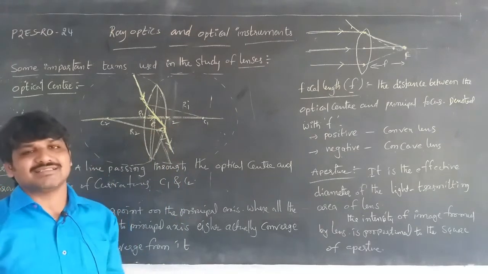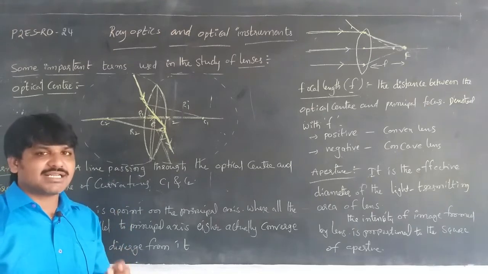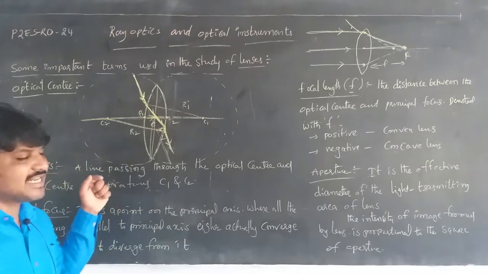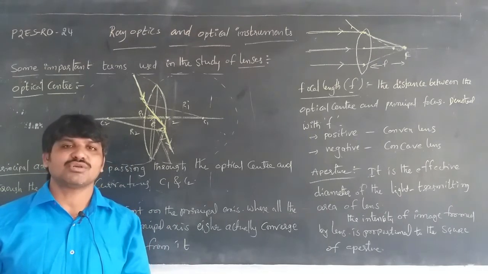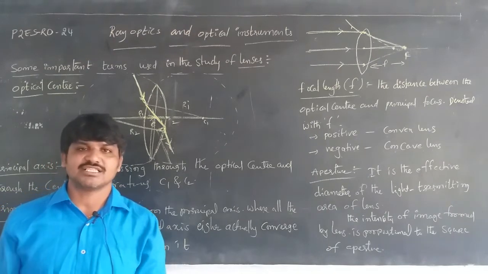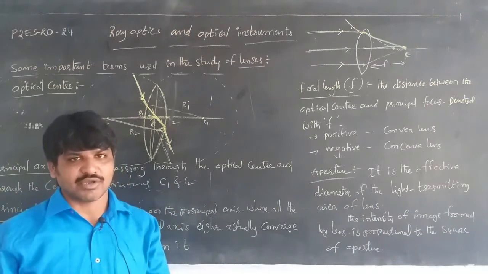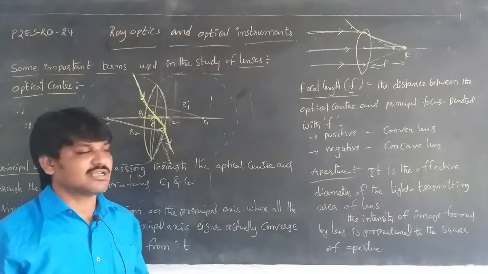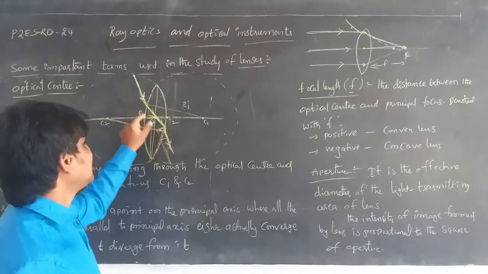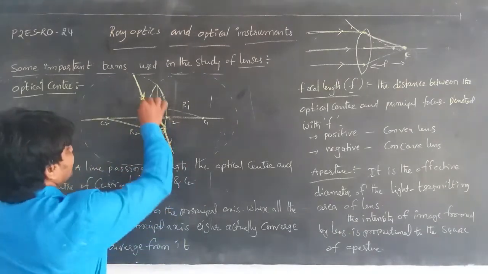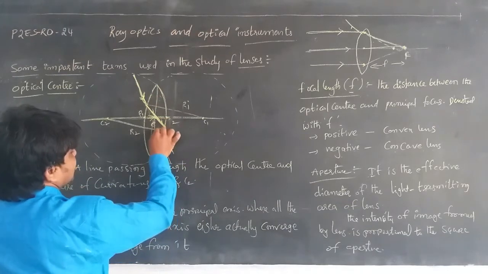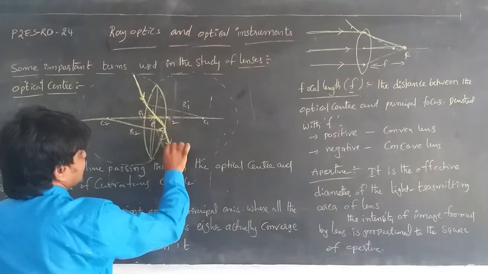For a thin lens, there is no lateral displacement when the light ray passes through the optical center, without any deviation. For a thicker lens, there will be some lateral displacement, so that's why the ray is moved like this.